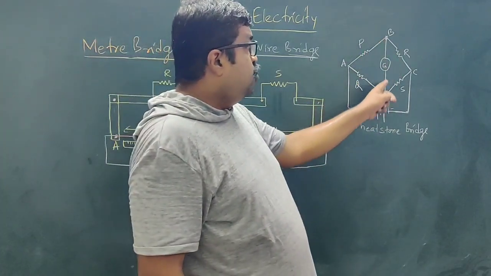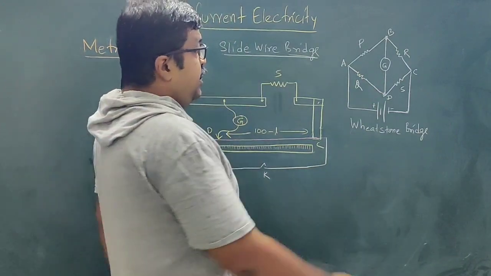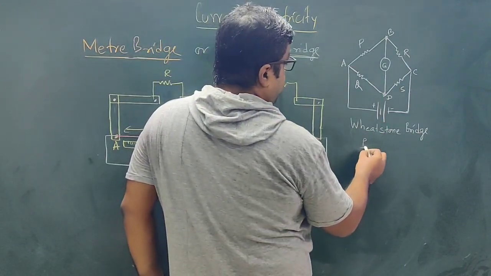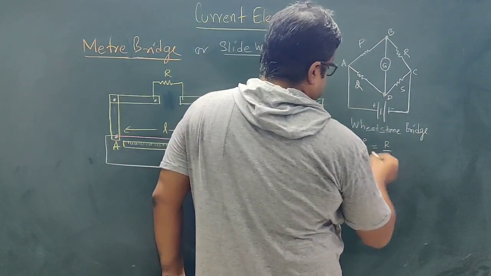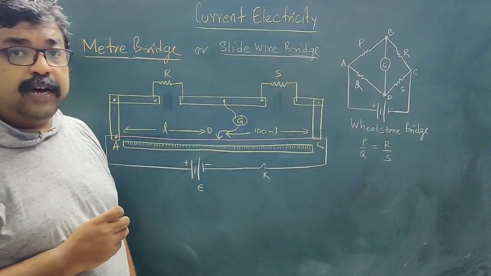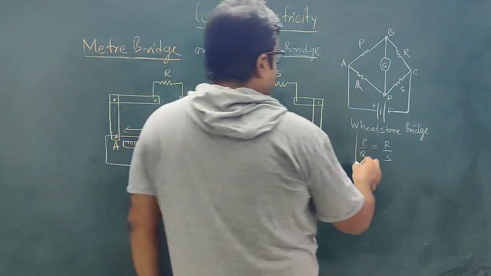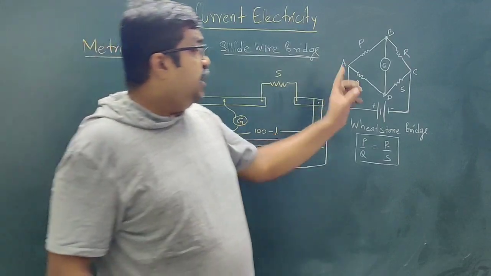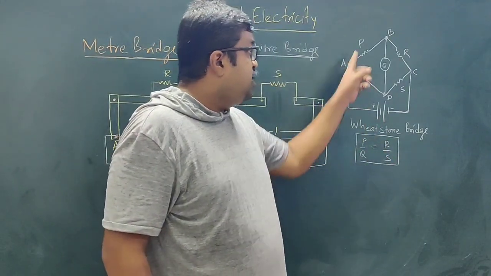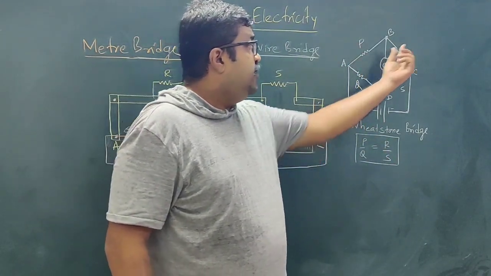Then we can write P by Q equal to R by S. In this expression, P, Q, R and S are the four resistances.